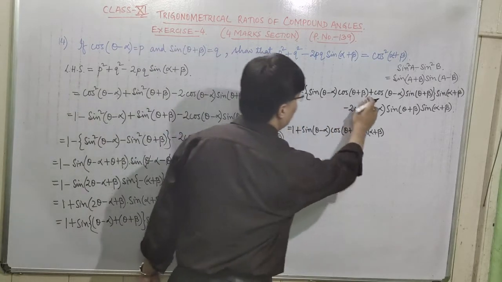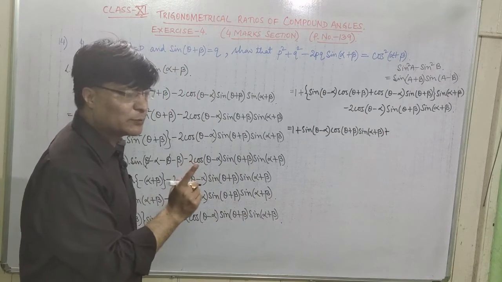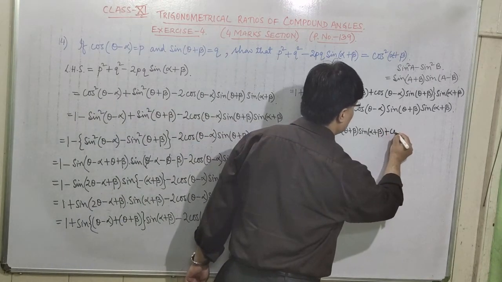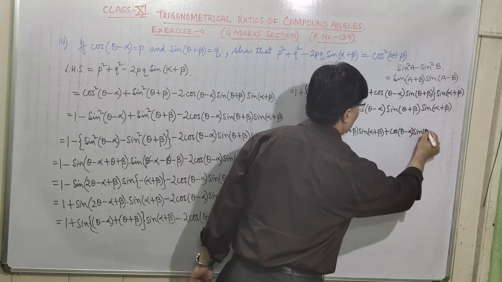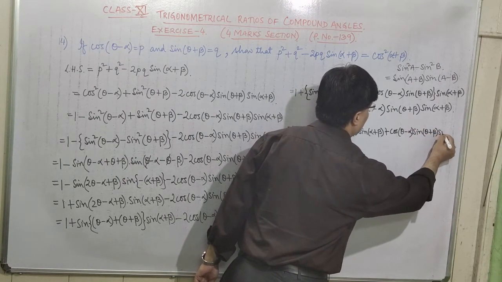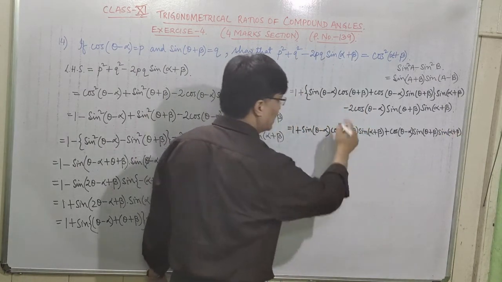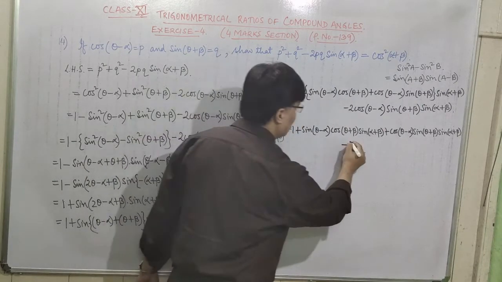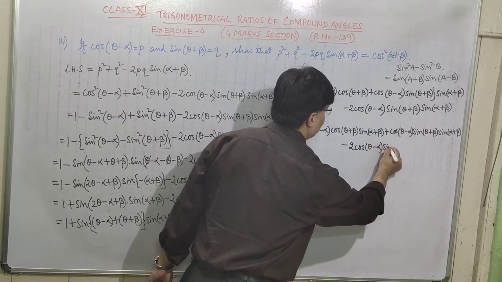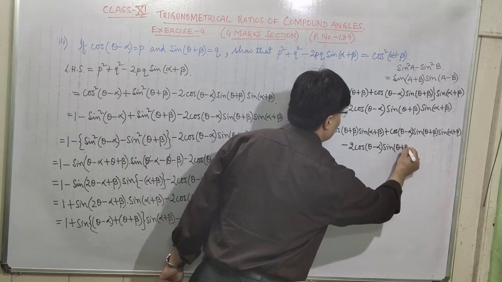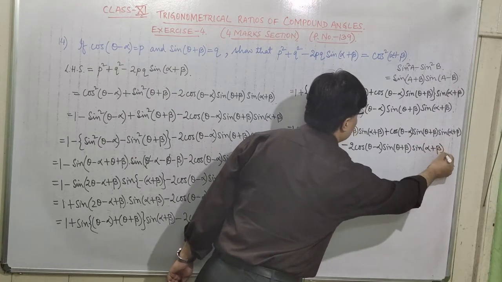Then again plus, you should multiply sine of alpha plus beta by the second term, that is cos of theta minus alpha sine of theta plus beta sine of alpha plus beta. And the last term, this is the continuation line, minus 2 cos of theta minus alpha sine of theta plus beta sine of alpha plus beta.